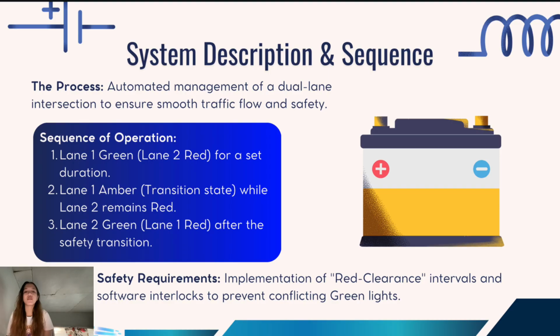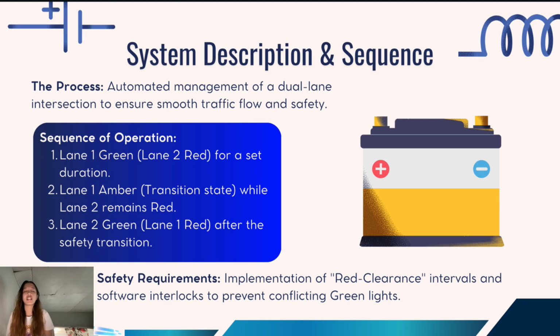In terms of the sequence of operation, the process starts with lane 1 having a green light while lane 2 is red for a fixed duration, allowing vehicles in lane 1 to pass. After that, lane 1 switches to amber, which serves as a transition state while lane 2 remains red. This warns the drivers that the signal is about to change.